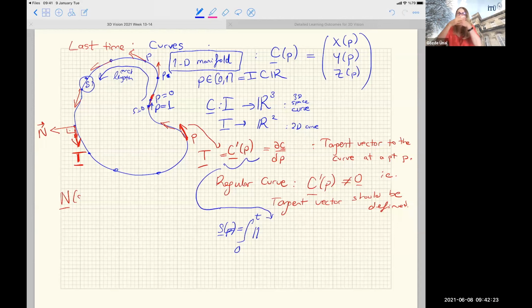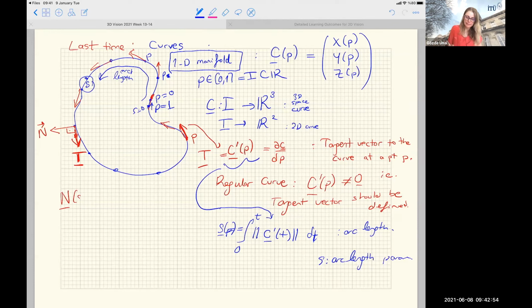So it's telling me how fast I am moving along the curve. That parameterization is moving along the curve. C prime of t, the magnitude of the tangent vector dt. This was my arc length we did last time. And then we said arc length s gives us an arc length parameterization.